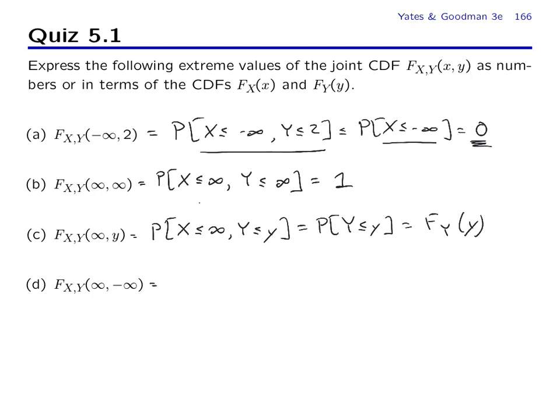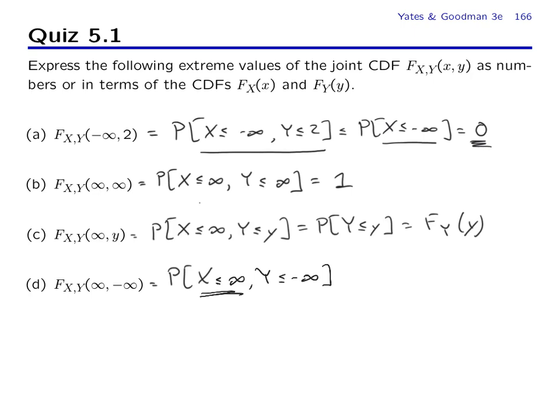And then finally, we have the probability x is less than or equal to infinity, and y is less than or equal to minus infinity. So once again, this event, x less than or equal to infinity, always happens.